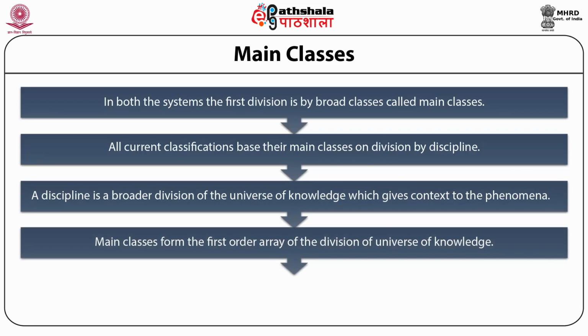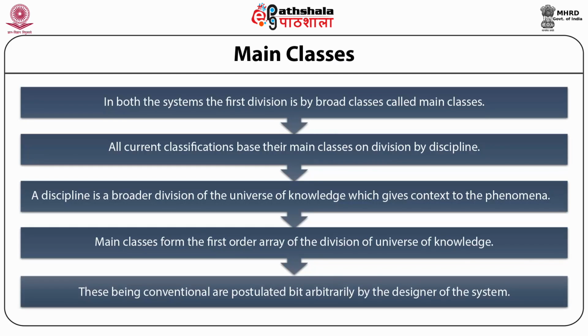Main classes form the first-order area of division of the universe of knowledge in any system. These being conventional are postulated, but arbitrarily, by the designer of the system. It means that main classes do not exist in nature; they vary from system to system.